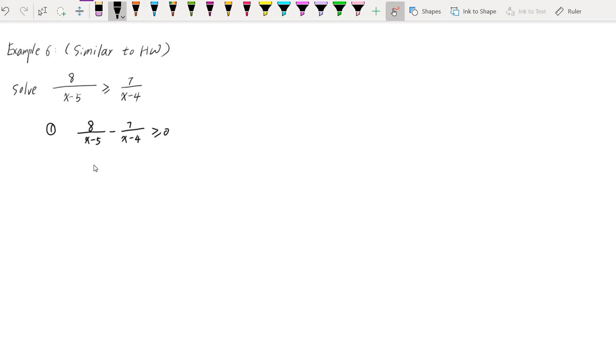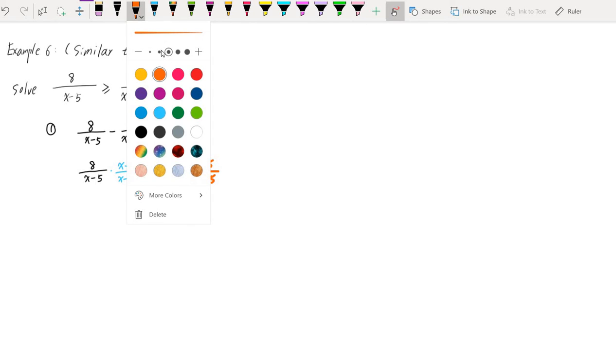So all I have to do is multiply x minus 4 over x minus 4, and then subtract 7 over x minus 4, and on this side we're going to multiply x minus 5 over x minus 5.